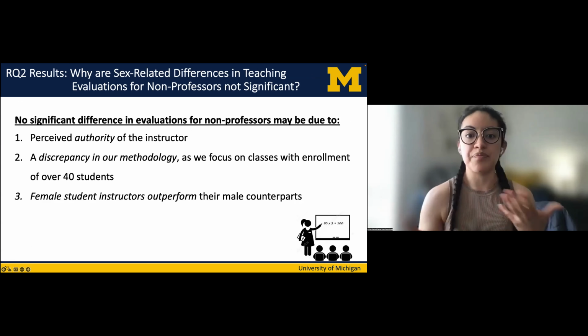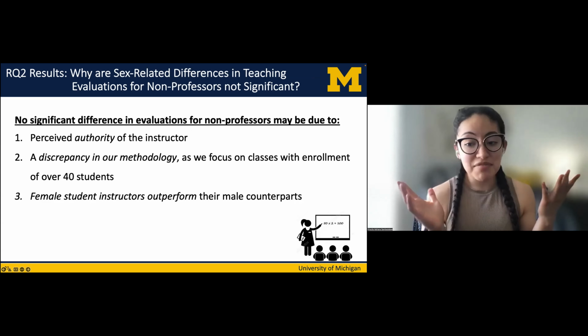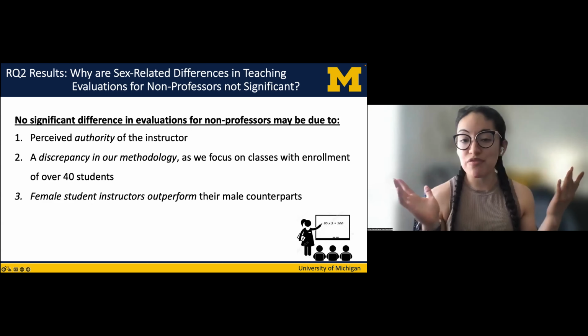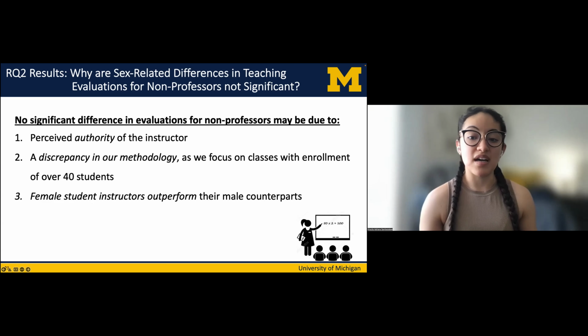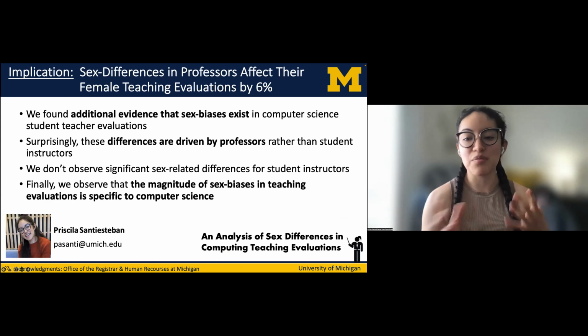And of course, some non-professors or student instructors handle more discussion sections, which means they would probably interact with fewer students, which may not be incorporated into our data. Or three, perhaps female student instructors just outperform their male counterparts, but further studies should be done in order to look into these differences.